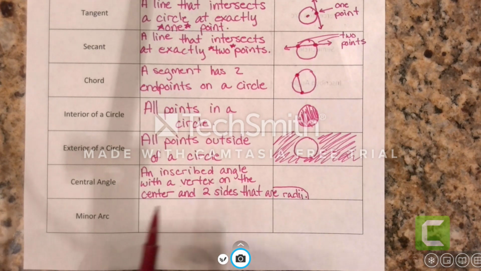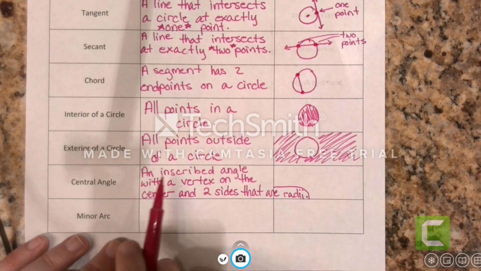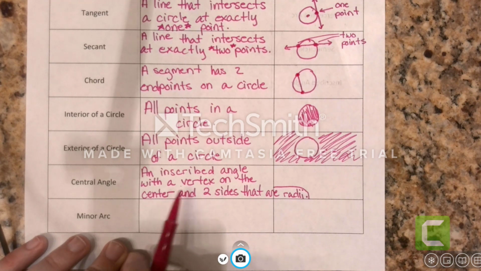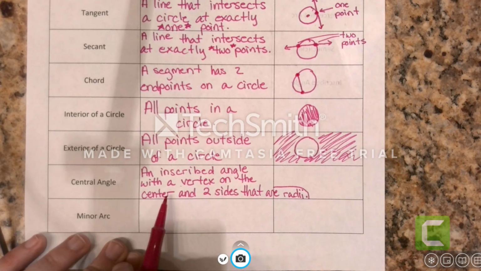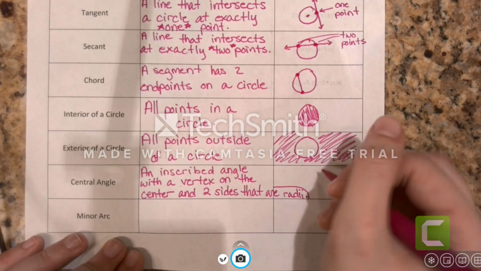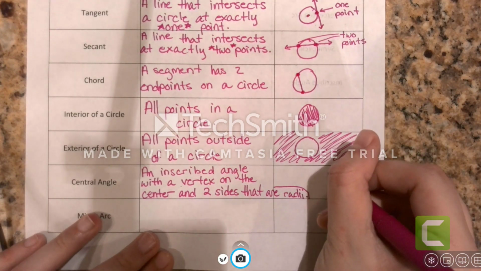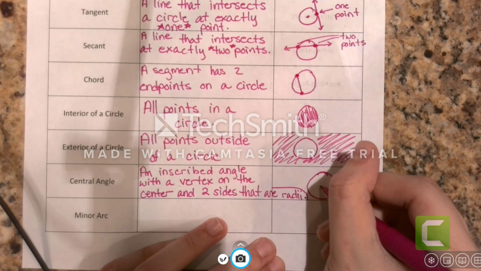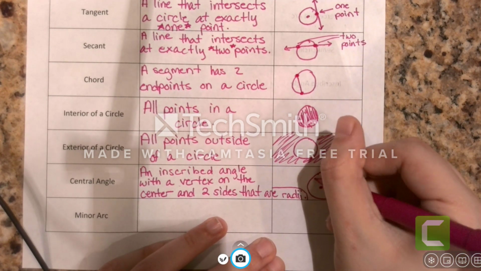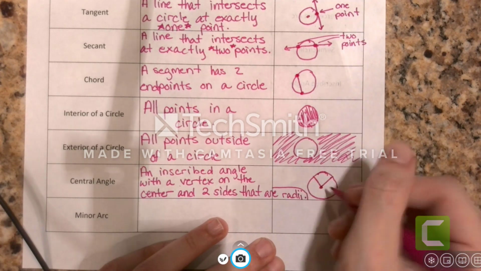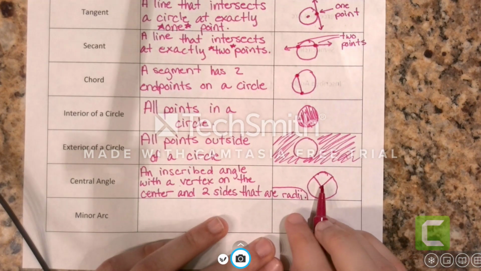But what a central angle is essentially is an angle inside of our shape where your vertex is the center point, and the lengths of both sides of your angle are the measurement of the radius. So let me show you right here. I'm trying to draw you a nice picture. And let's highlight this here. This is what we call a central angle because it's sitting on our center point.